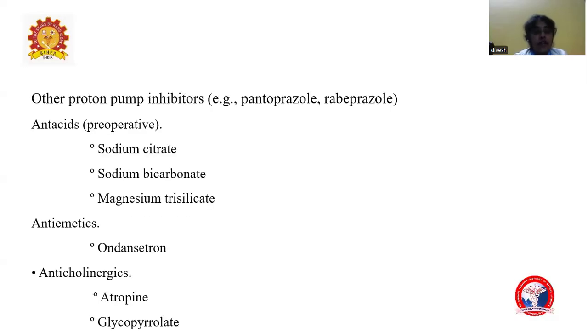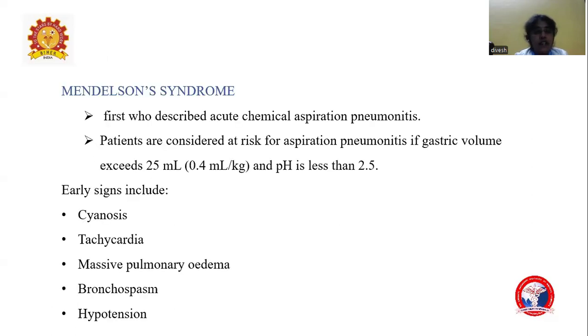Antacids, which we give pre-operatively, are sodium citrate, sodium bicarbonate, and magnesium trisilicate. Antiemetics: ondansetron, and then anticholinergics: atropine and glycopyrrolate. All these drugs reduce the risk of aspiration.